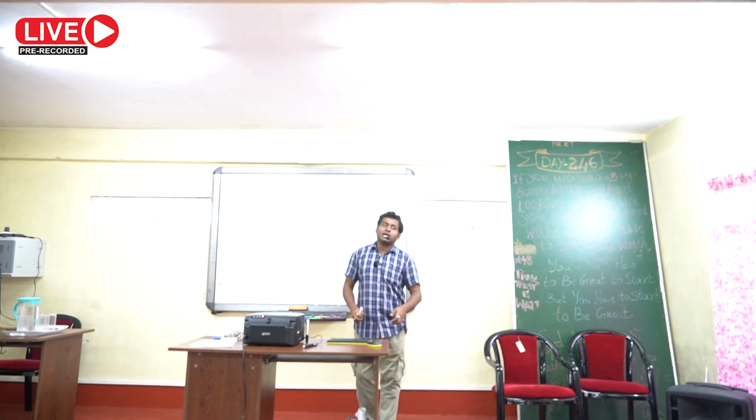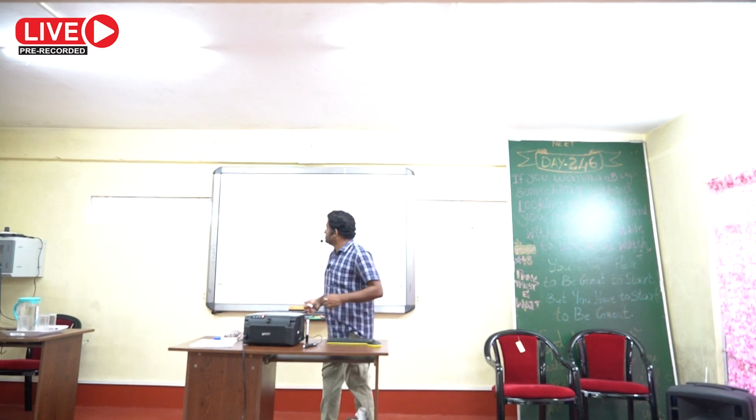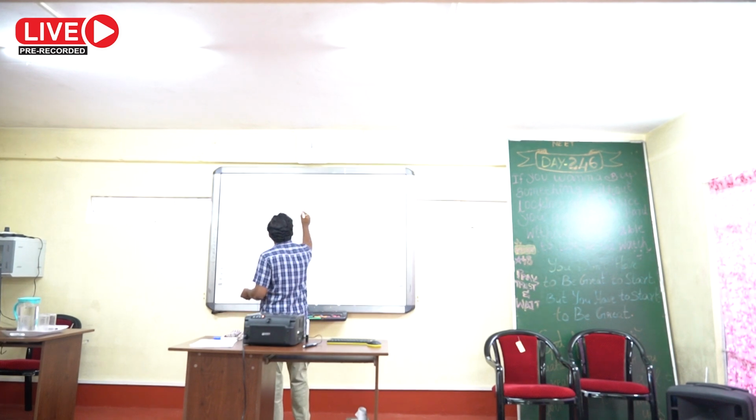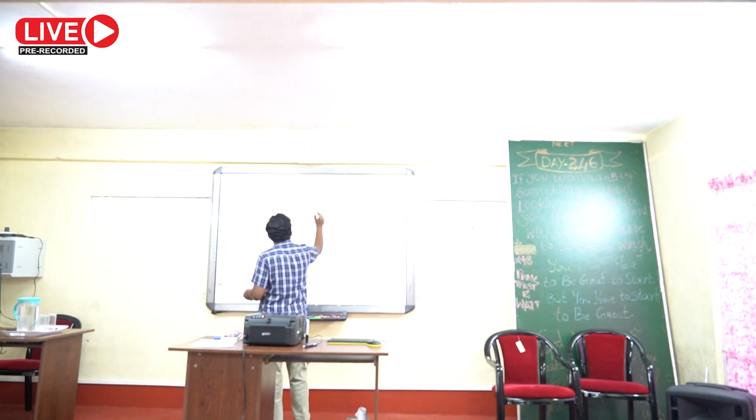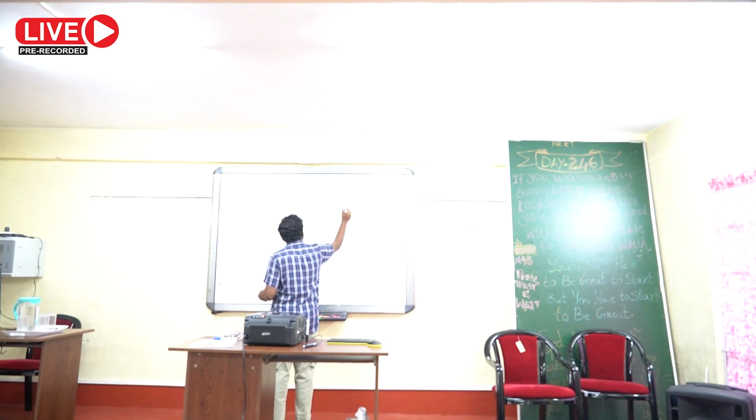Now, v1 can be written as r1 omega, v2 as r2 omega. So write it: half m1 r1 squared omega squared plus half m2 r2 squared omega squared, like this.